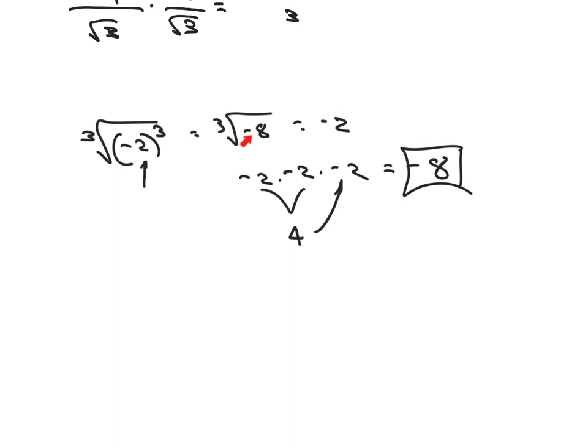So even though we've got a negative under here, we don't take the absolute value of it if the exponent and the root are odd numbers. If they're even numbers, it will be positive. If it's odd, it's going to be the same sign as it is down here. So anyway, not much information on that.